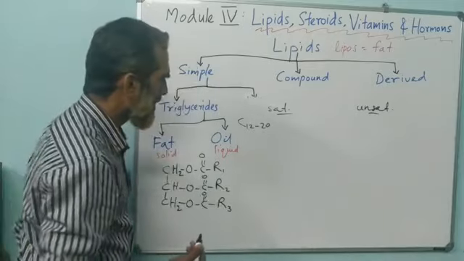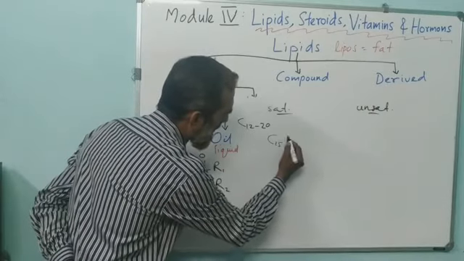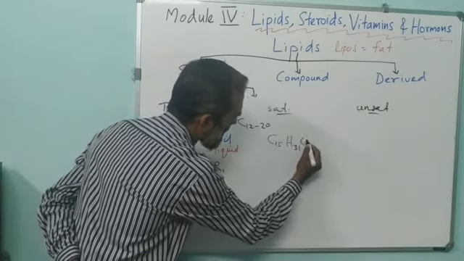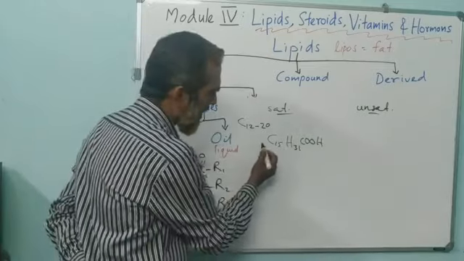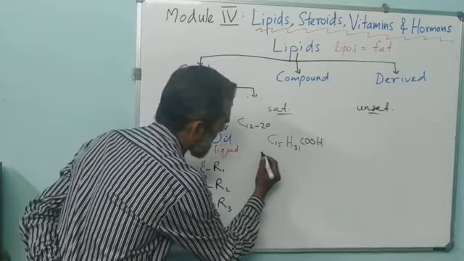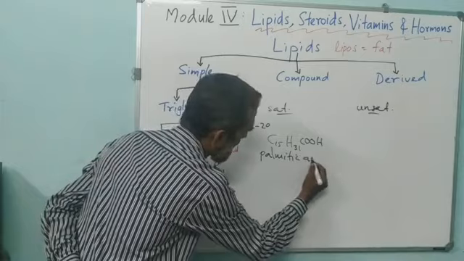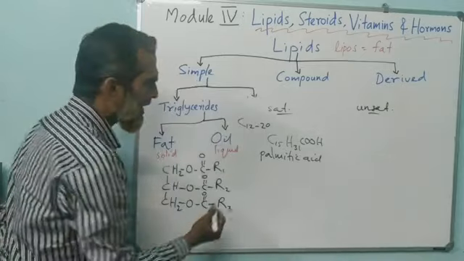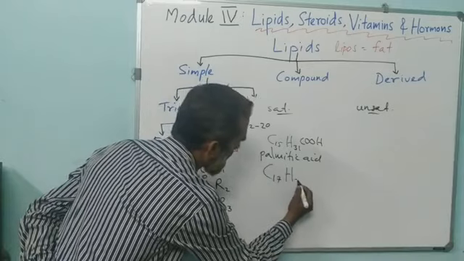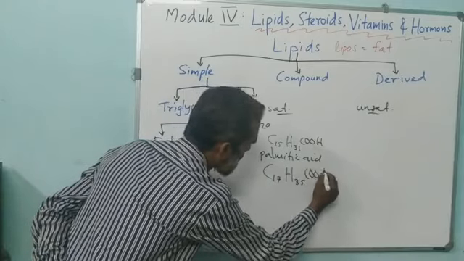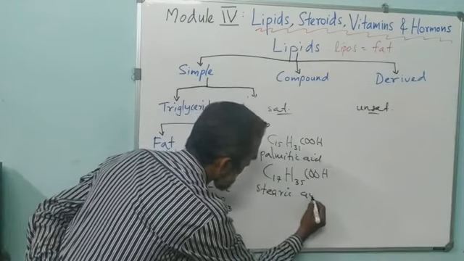Putting a few examples, C15H31COOH. This is called palmitic acid. I am putting only a few examples. Another one, C17H35COOH. This is called stearic acid.